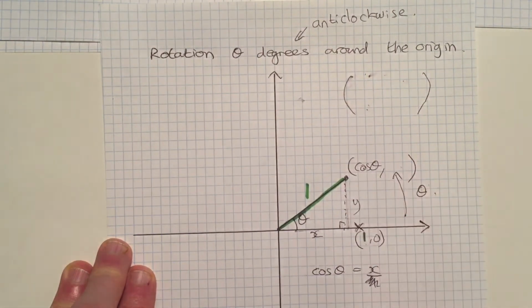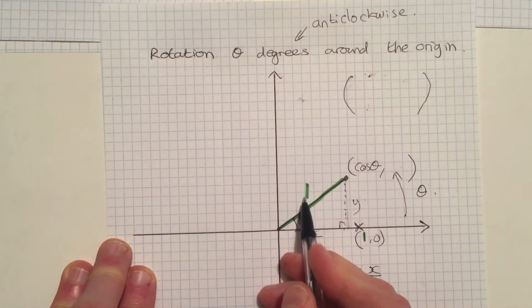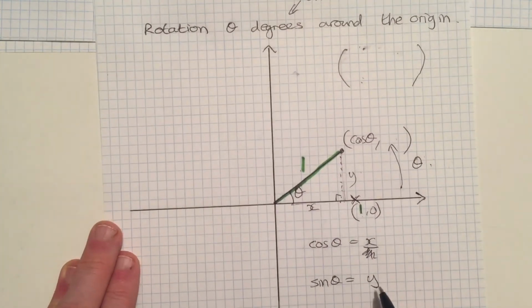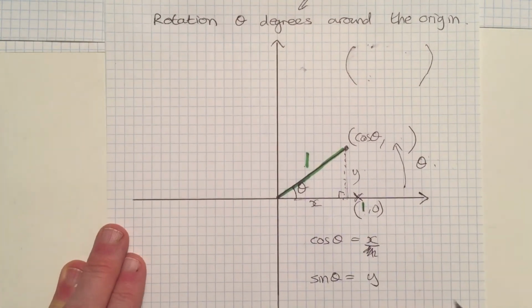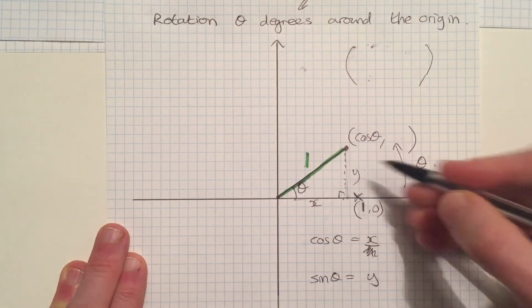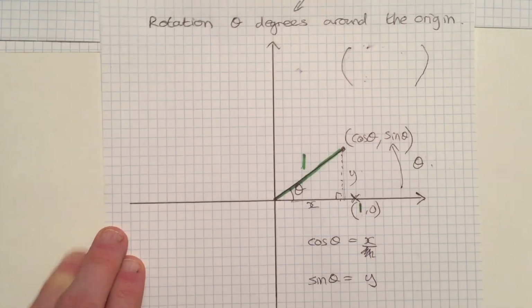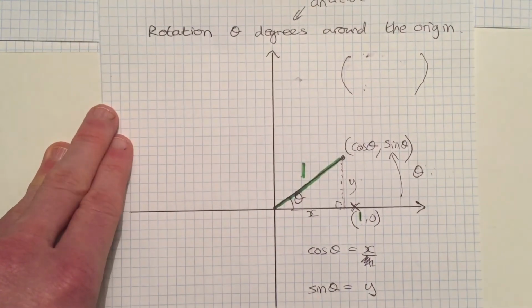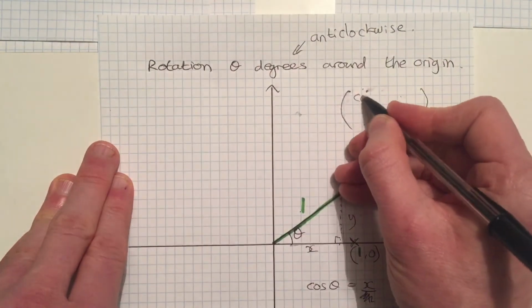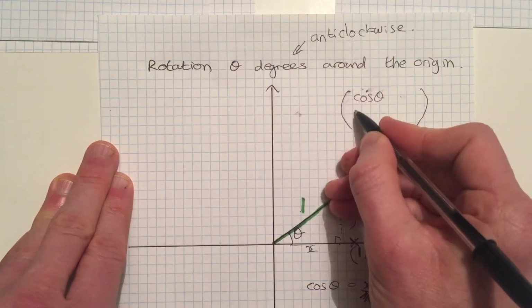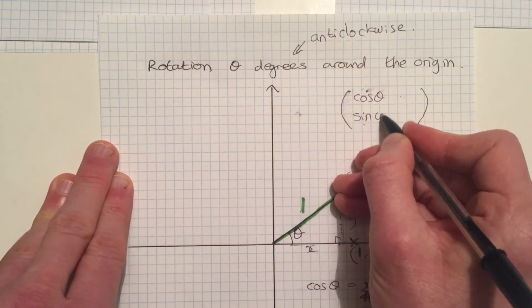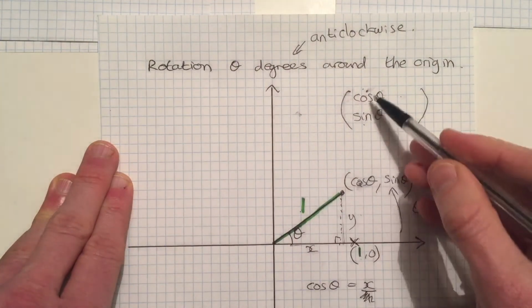Similarly, for the y coordinate, I could say that sine theta is the opposite divided by the hypotenuse. So y divided by 1, which would just be y. So therefore I know that the y coordinate is given by sine theta. So straight away I know that A here is cos theta and C is sine theta.